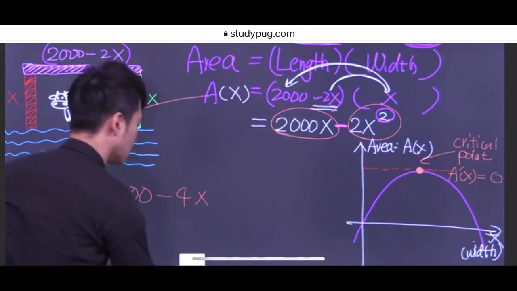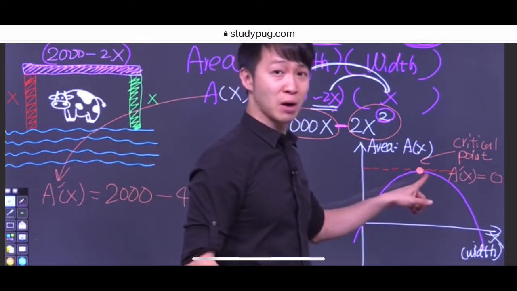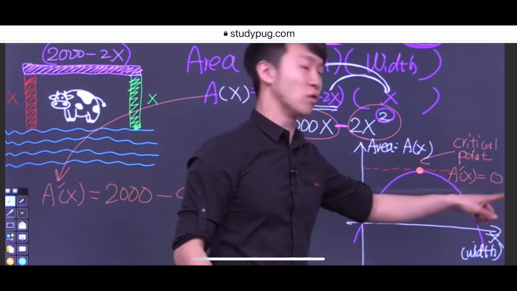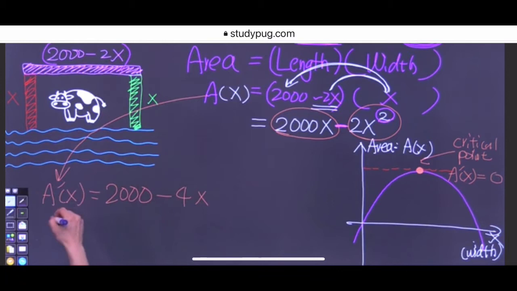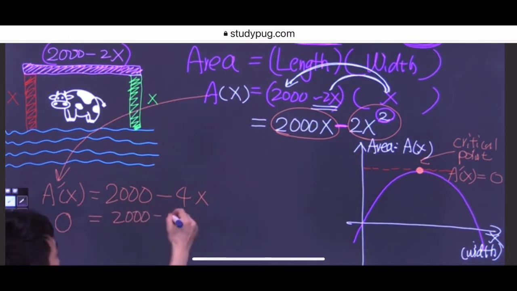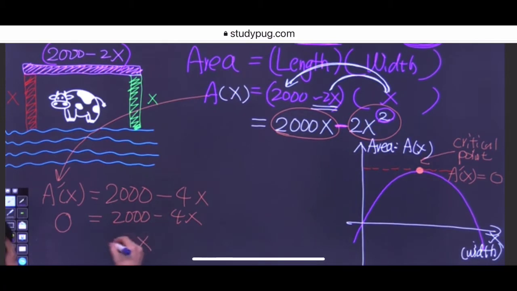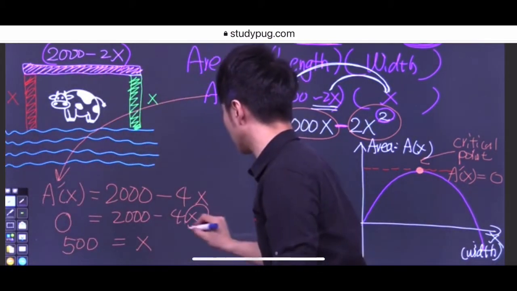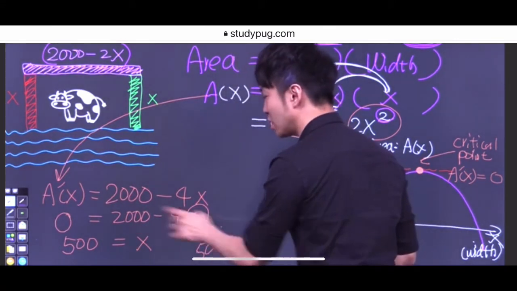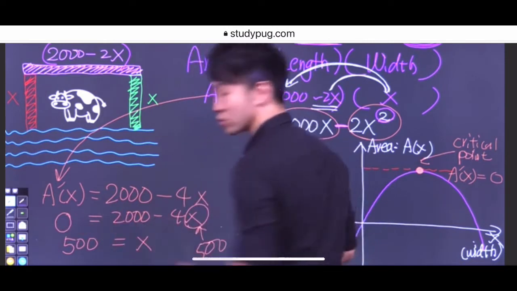Now, to locate the maximum, we have to set the derivative equal to 0, right? So 0 is equal to 2000 minus 4x. Solving the equation here, we get x is equal to 500, because 4 times 500 is 2000, and 2000 minus 2000 is equal to 0.